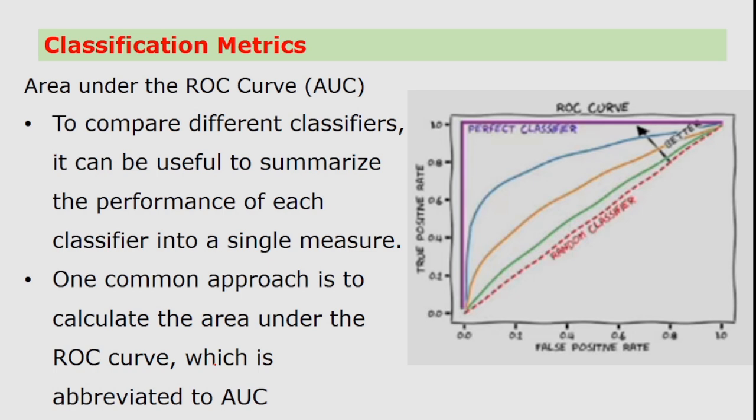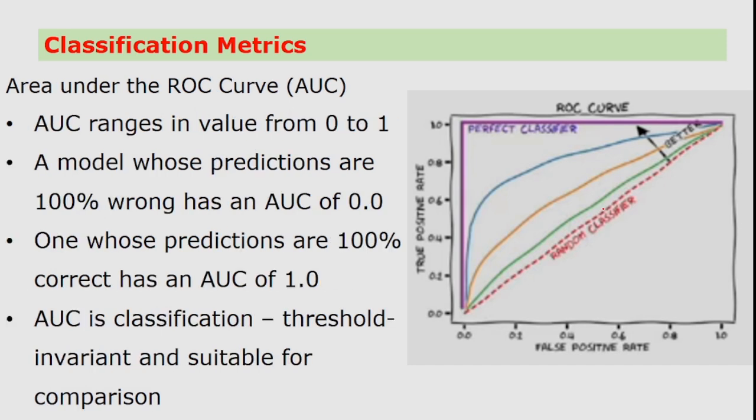The area under the ROC curve, the AUC, is used to compare different classifiers. You can see here you have a number of classifiers. In this diagram we have a perfect classifier, this one is okay, this is better, and this is a random classifier. This is to summarize the performance of each classifier into a single measure. One common approach is to calculate the area under the ROC curve, abbreviated AUC.